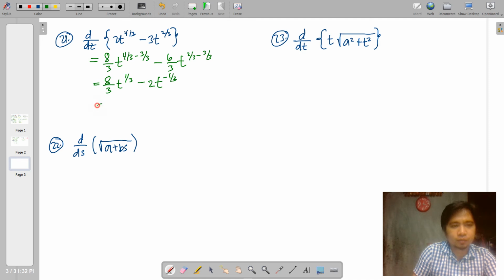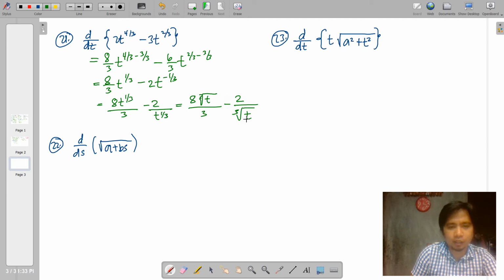So we have 8t^(1/3) all over 3 minus 2 all over t^(1/3). Finally, this can be written as t cube root of t all over 3 minus 2 all over cube root of t. So this shall be the answer.